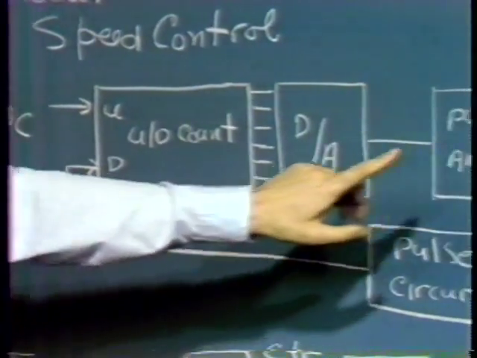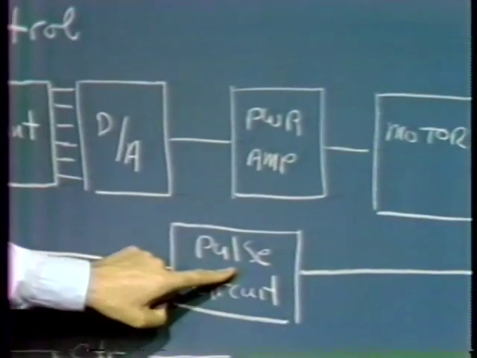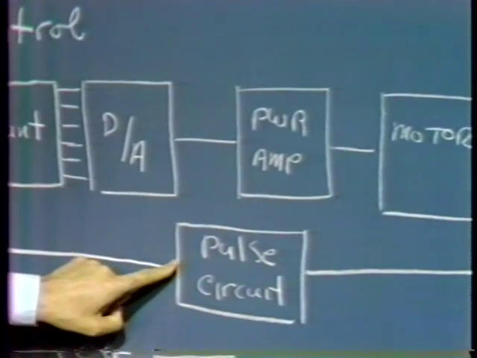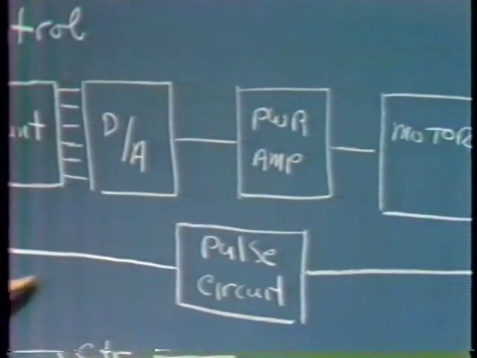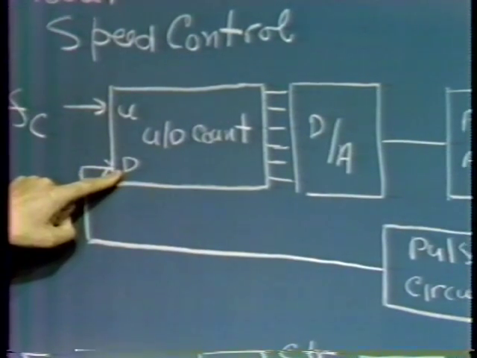And I come back from a measurement of motor speed through a pulse circuit that detects the commutator pulses I mentioned earlier, turns them into digital kinds of pulses, and I apply those pulses to the down control, or the down count line, on the same up-down counter.